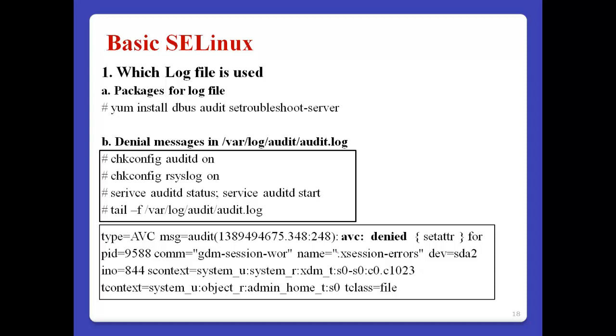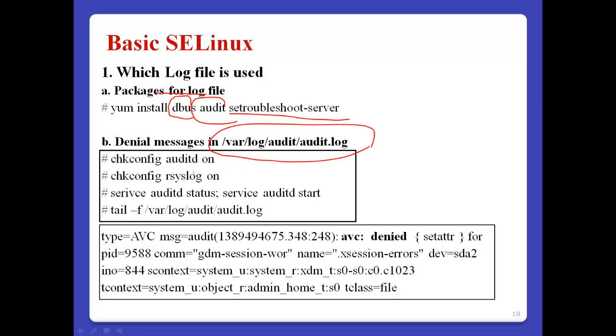Okay, basic SELinux. First one, which log file is used? To log SELinux events, we need to install the debug and audit and the troubleshoot server. Normally, SELinux logs events here: /var/log/audit/audit.log.